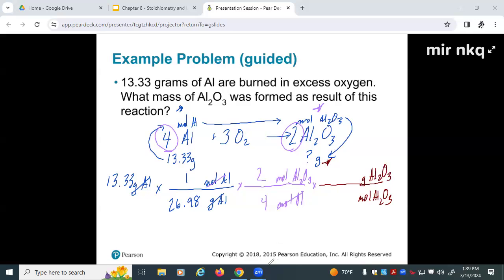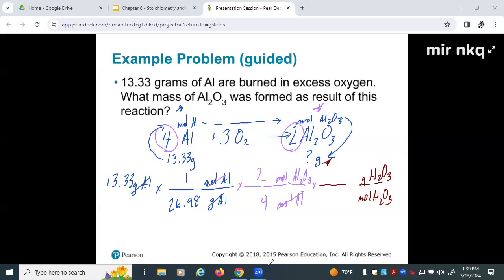How do I turn moles into grams? Molar mass. Where do I get molar masses? Periodic table. So for aluminum oxide, I would have 2 aluminums.